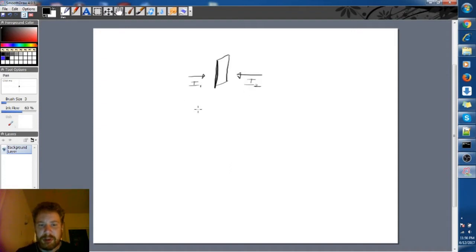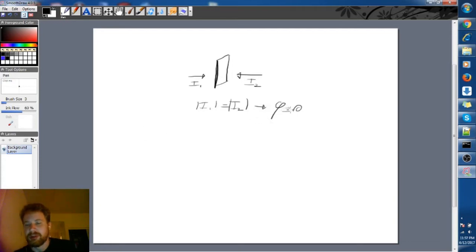Now, the net number of neutrons passing through this, if the magnitude of the first beam equals the magnitude of the second beam, Okay.